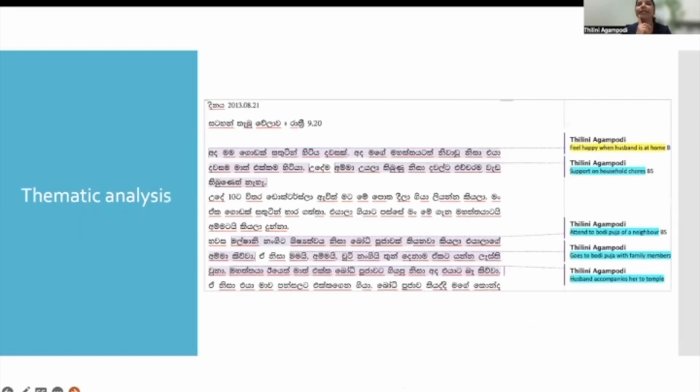Now I want you to take 2 minutes and just read this before we go into analysis. So this is a diary page, right? So you see the participant documents about relationships, right?